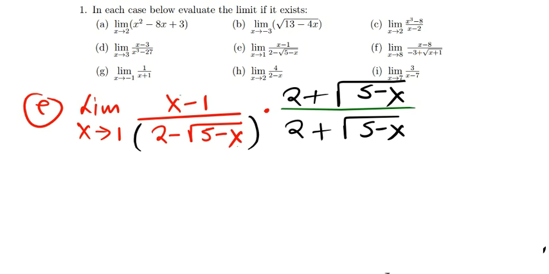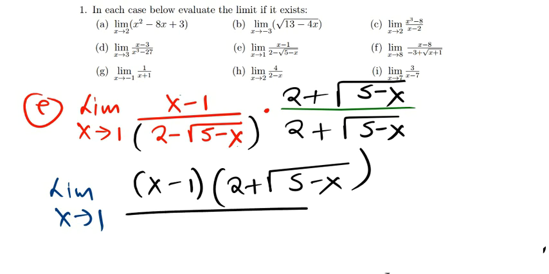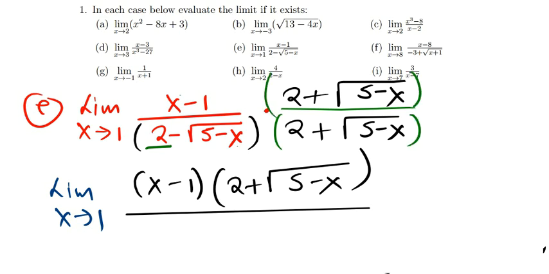So let's get into it. So the limit as x approaches 1. For the top part, we're going to remain with x minus 1 multiplied by 2 plus root of 5 minus x. For the denominator, I don't want to waste a lot of your time. If you want, you can try multiplying 2, multiply everything there, and then afterwards get the negative root of 5 minus x again and multiply everything there. Okay?